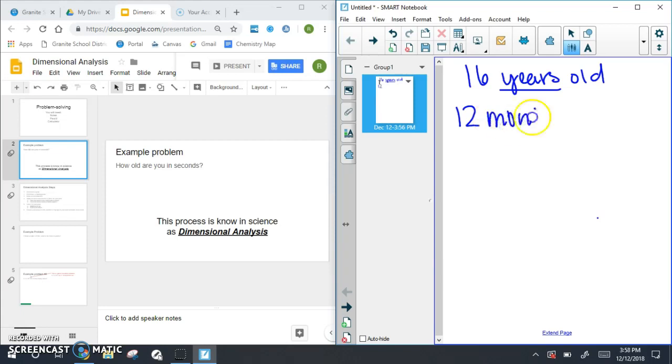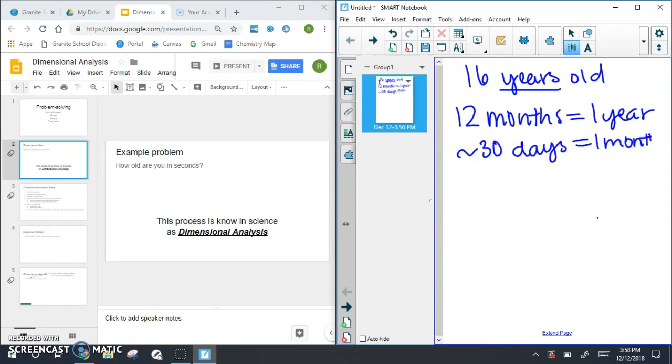I do know that there are 12 months in a year. I could use this conversion and find out how old I am in months. Then I could also say, well, I know there's about 30 days in a month. So I could find out how many days old I am. Then if you go from days, you could say, well, I know that there are 24 hours in a day.